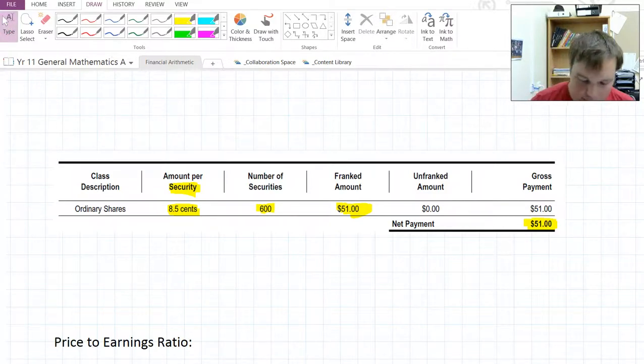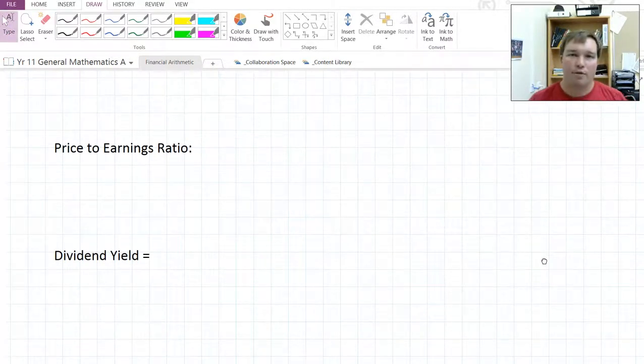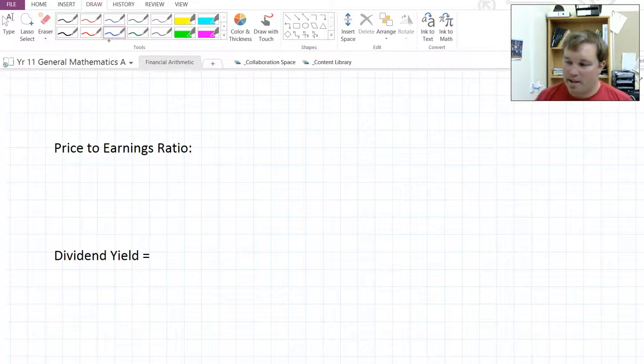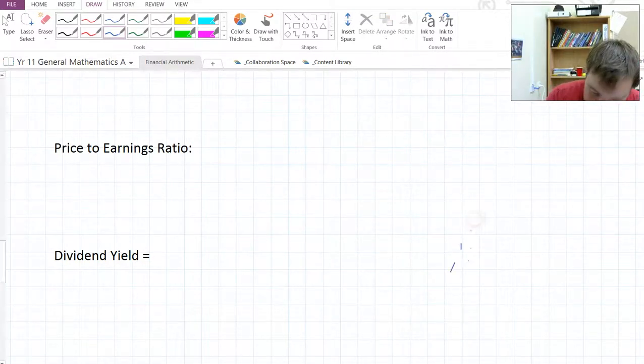Alright, a couple of formulas you need to know, and we'll talk more about these in class. Price to earnings ratio is essentially the amount of money a share makes compared to its price. The higher, the better.